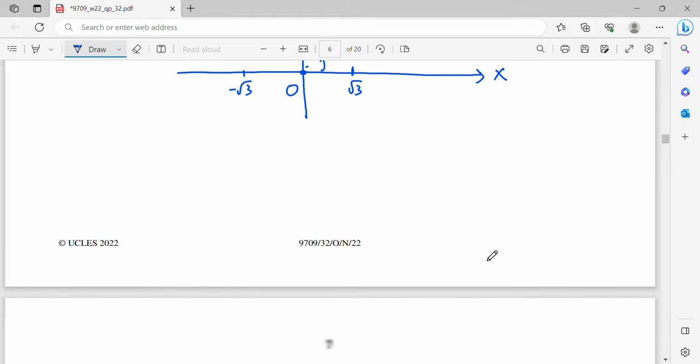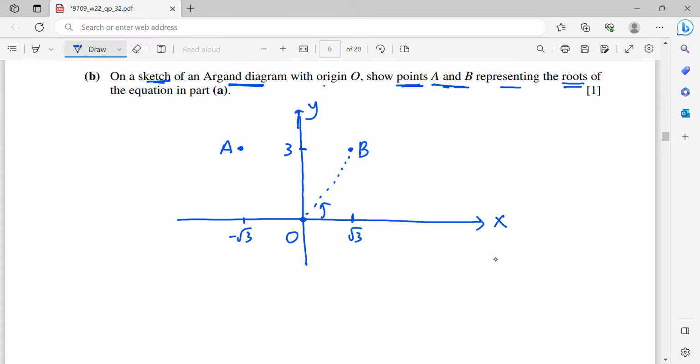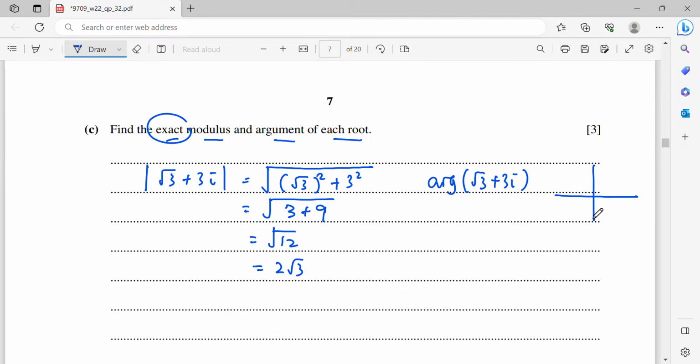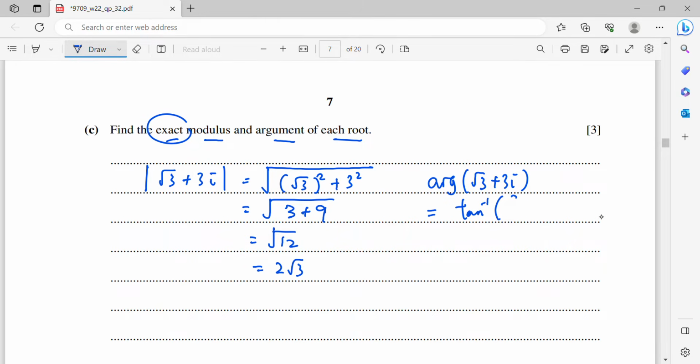So now I will just use the inverse tangent of 3 over root 3 to get the argument. So it will be inverse tangent of 3 over square root 3, and now you will be getting pi over 3.